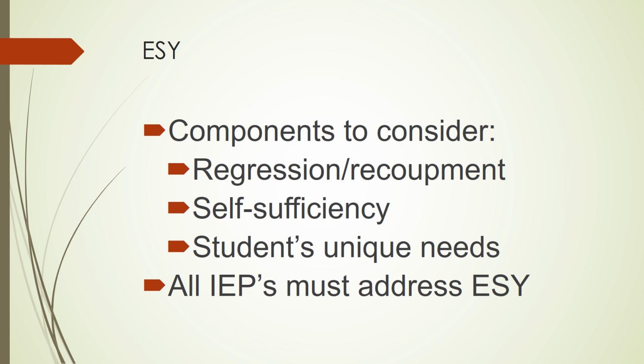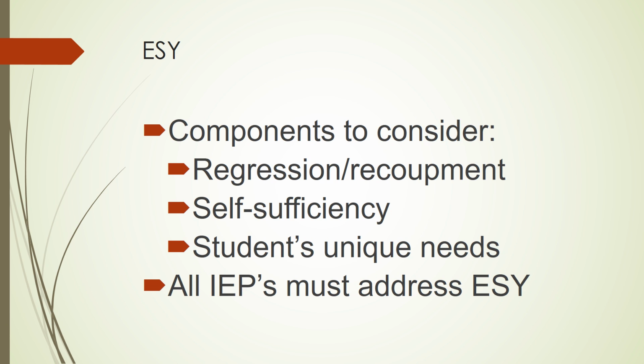If you know that after Christmas break, the student is behind or has regressed, that gives you data to say, yes, the student probably needs extended school year. You also want to think about, can they recoup the skills at the same level and at the same rate as their peers? So those are two of the pieces you have to talk about.